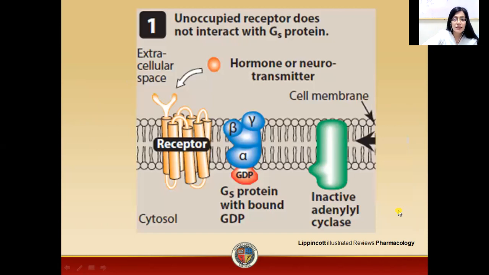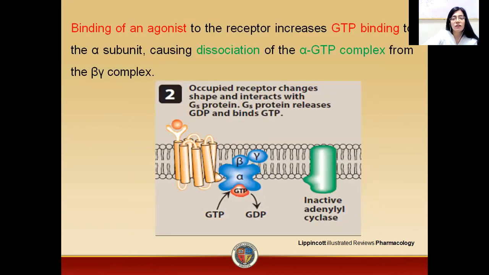Now, when the receptor is in its inactivated state, that means there is no binding of ligand, hormone or neurotransmitter to the receptor. It means there is no interaction of the receptor with the G protein. However, whenever there is binding of the ligand, agonist, neurotransmitter or hormone to the receptor, there is activation of the receptor.